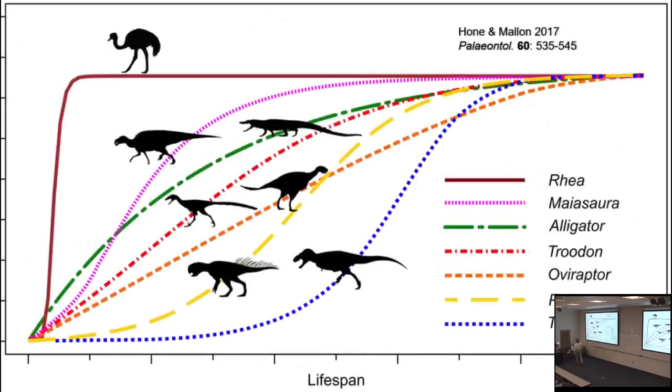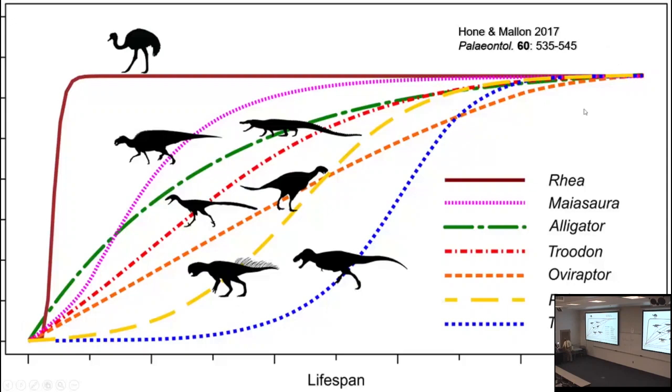And so this is a weird pattern compared to modern birds and modern placental mammals. This is scaled not to years, but to percent of the whole lifespan. Modern birds and modern placental mammals, the big placental mammals, achieve full body size quickly and then persist for long periods of time. Whereas dinosaurs, the green one here is a crocodilian, an alligator in fact, all the other ones are dinosaurs.